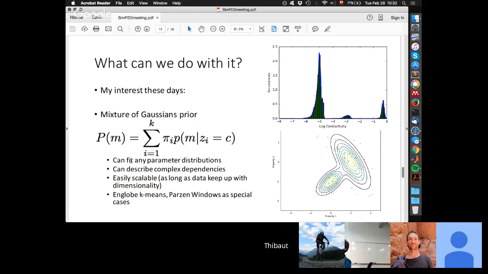So the pro here is that with this I can fit any parameter distribution, and it's easily scalable. That's something in 1D, but that's something in 2D that you can fit, and you can go to many dimensions as long as your data keeps up with the dimension. Actually, past 4 dimensions, it's probably hopeless.